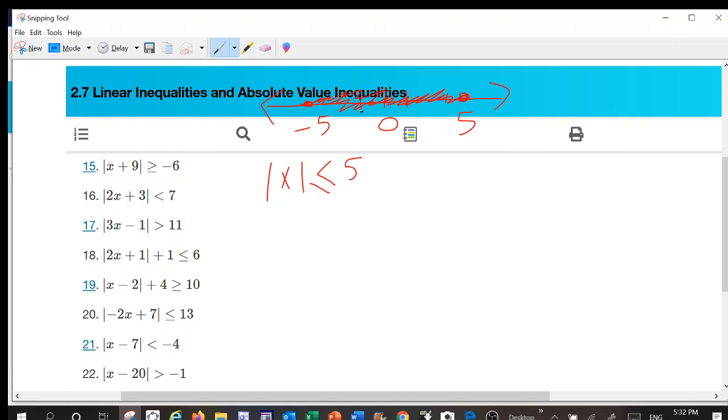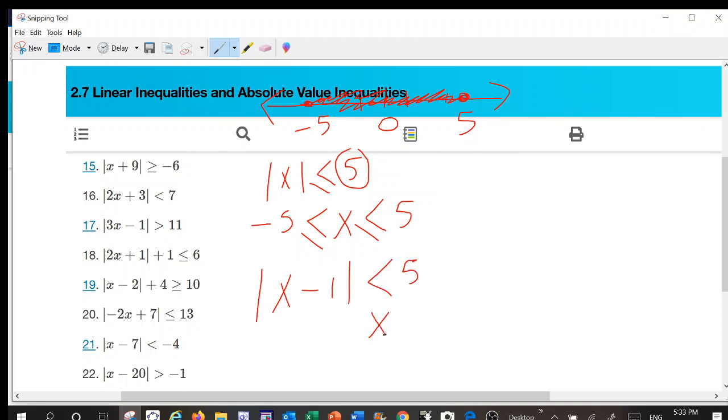So how do we solve this kind of inequality? Well, if you only have a number here, we just say the stuff inside has to be between 5 and negative 5. That's it, we're done. So if you have something like x minus 1 less than 5, all I have to do is say x minus 1 is less than 5 and greater than, well, there is no equality in this case, negative 5.